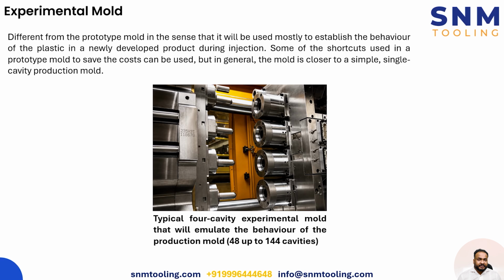of what should be the optimum value of injection pressure, melt temperature, mold temperature, injection speed, and other things which decide the quality of the product when it comes to defects, as well as the cycle time.